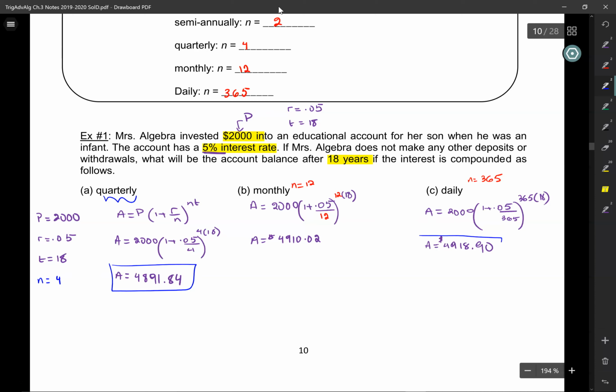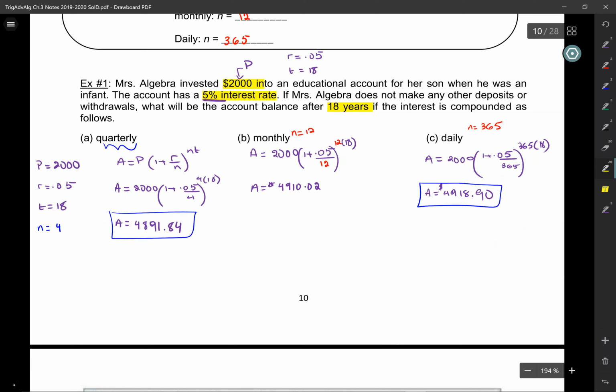But no, how much of a difference is there? It's over 18 years, right? It's like 19 plus 8, like $27 over 18 years. So that's the difference. So in going from quarterly to daily, the amount that increases is $27 for 18 years, right? So it's not that big of a difference.